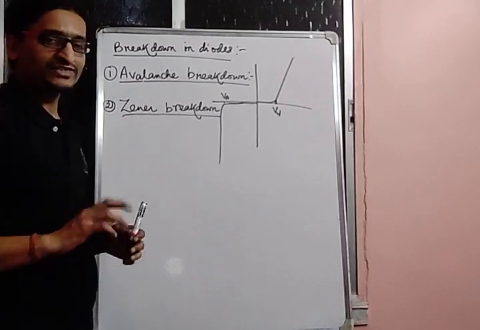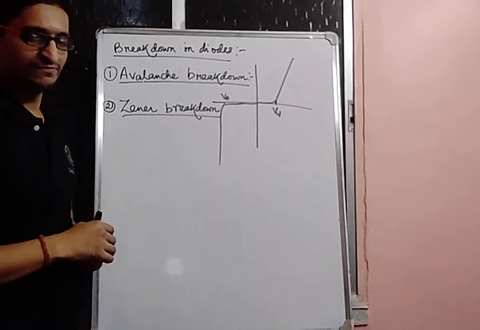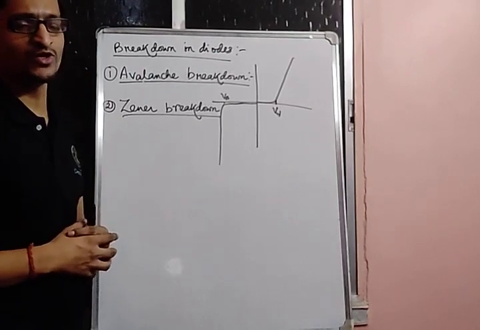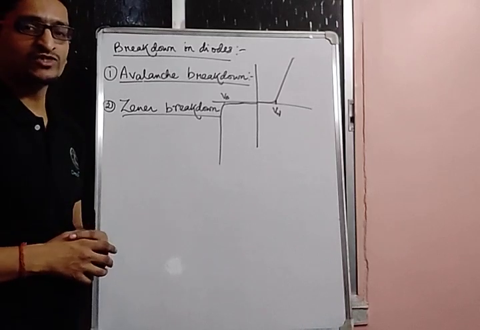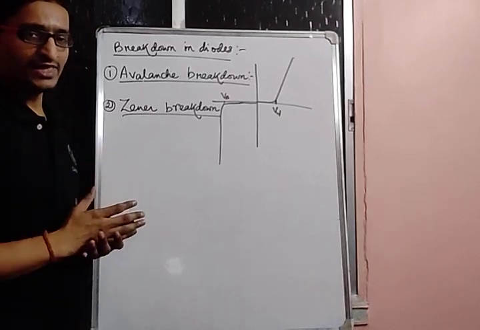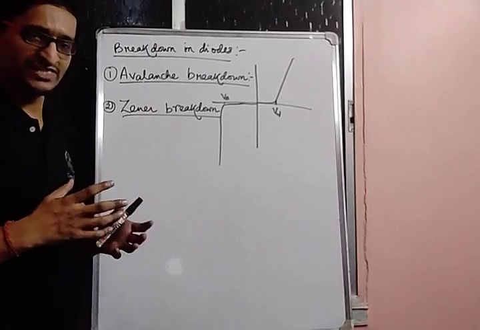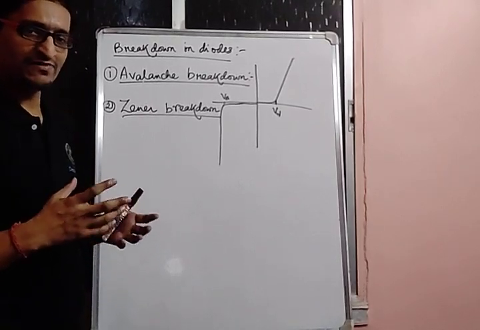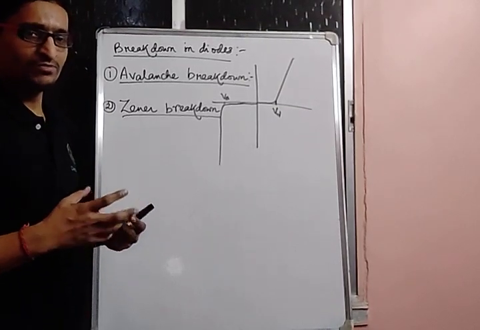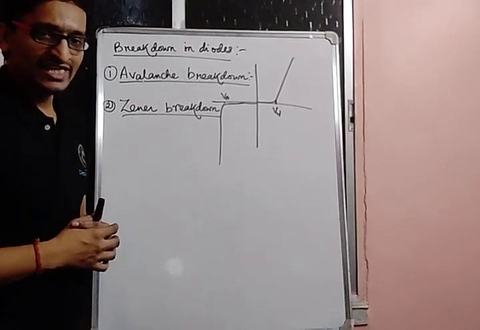First of all, starting with avalanche breakdown. As we are increasing the reverse bias voltage of a diode, the electric field intensity goes on increasing. At a particular reverse bias voltage, the electric field intensity becomes sufficiently high to impart enough energy to the thermally generated electrons so as to collide with the ions.